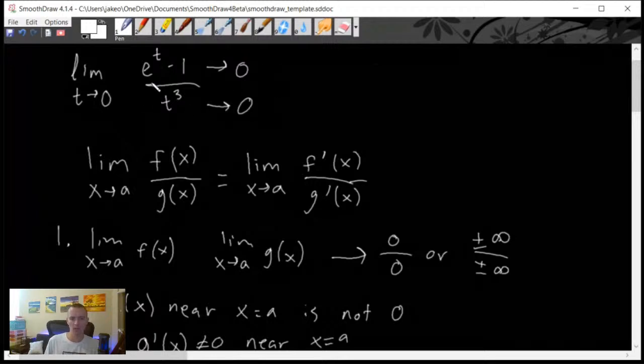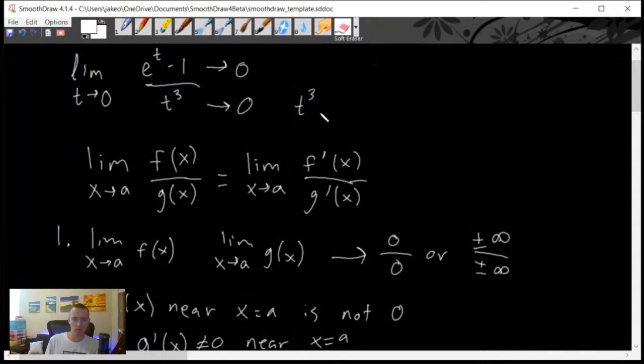So we want to make sure that t cubed does not equal 0 near t equals 0. In fact, t cubed is only going to equal 0 exactly when t equals 0. So we do know that t cubed does not equal 0 near t equals 0, only specifically at that point. Since both conditions are met, we can use L'Hopital's rule to evaluate this limit.